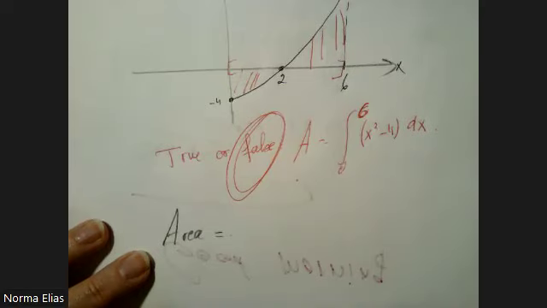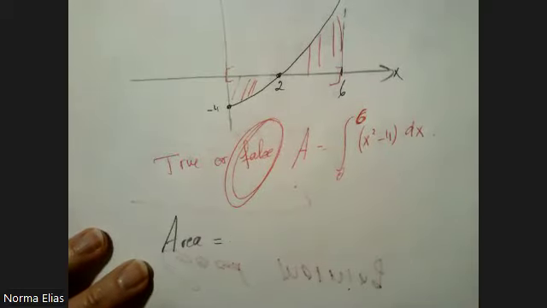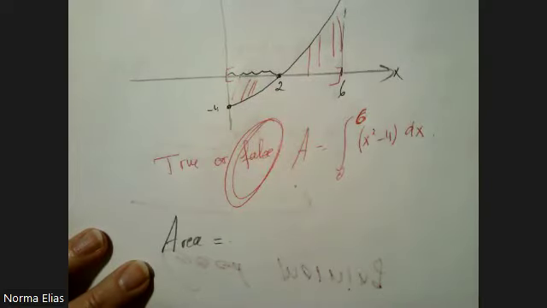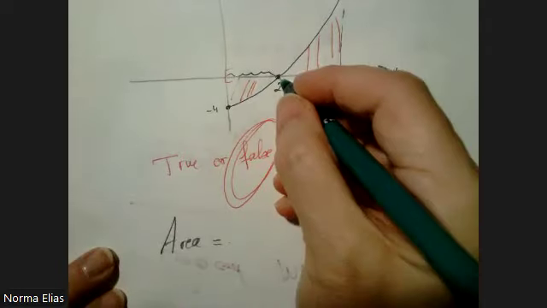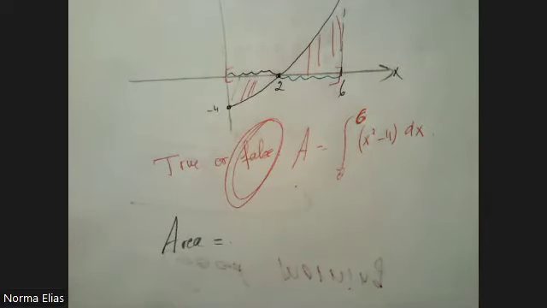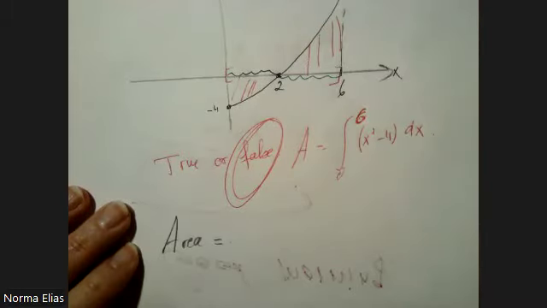And do I need to split? No. It's 0 to 2. We have to split. Absolutely. From 0 to 2, we have one scenario totally. And from 2 to 6 is a very different scenario. The function is negative and the function is positive. Very, very different scenario. From 0 to 2, the area is like the problem we had here.